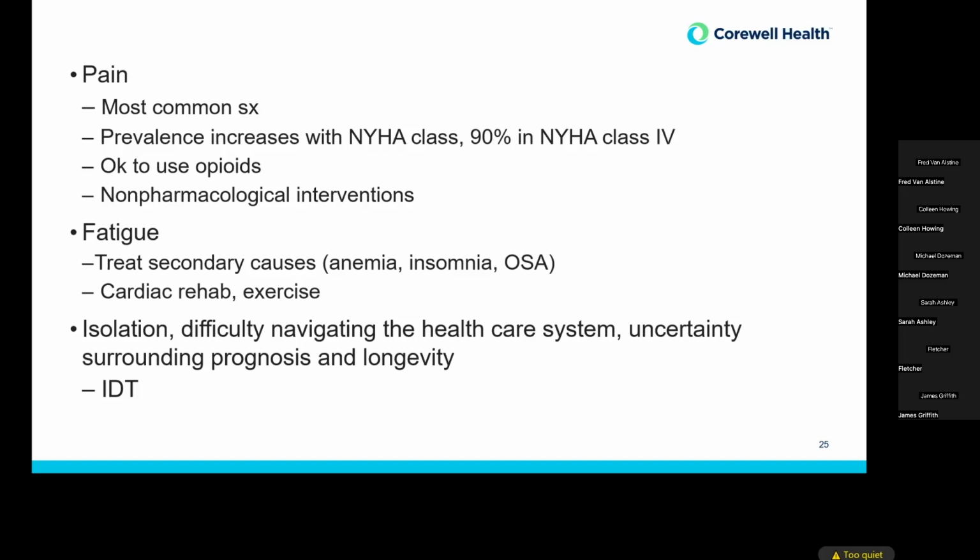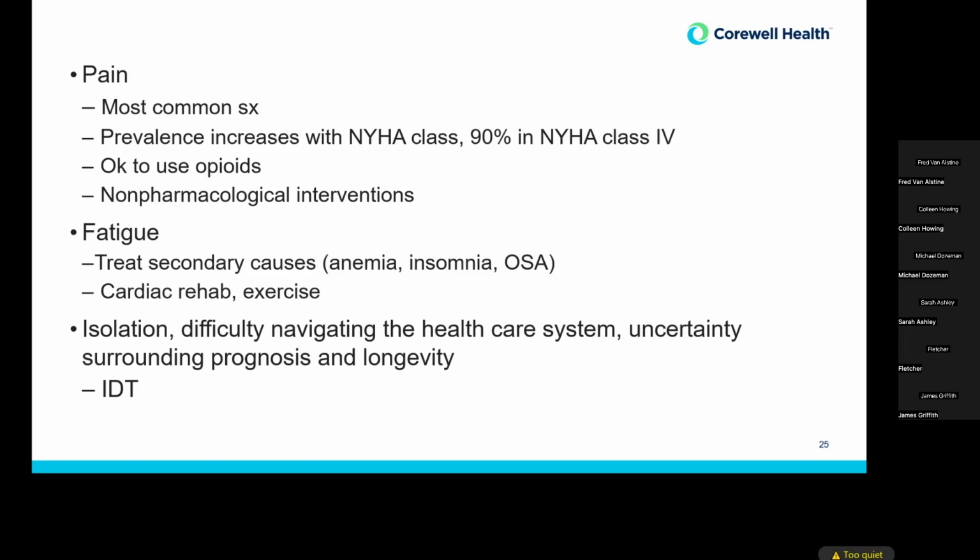And I typically just use that nice WHO ladder, avoiding the NSAIDs. I think Norco is a good place to start with your patients. And as they progress, like I said, you just march on up that WHO ladder and use your opioids, but very safe, and they can be very effective.